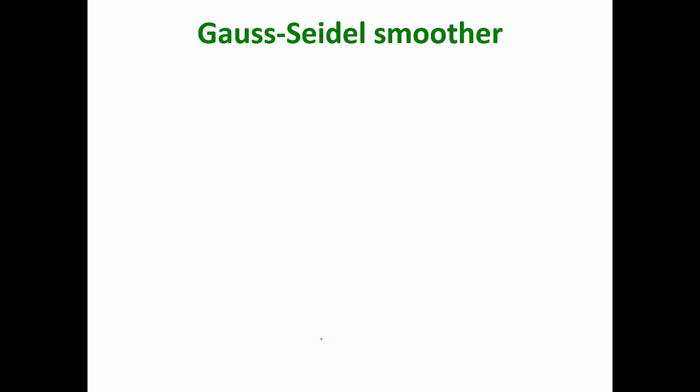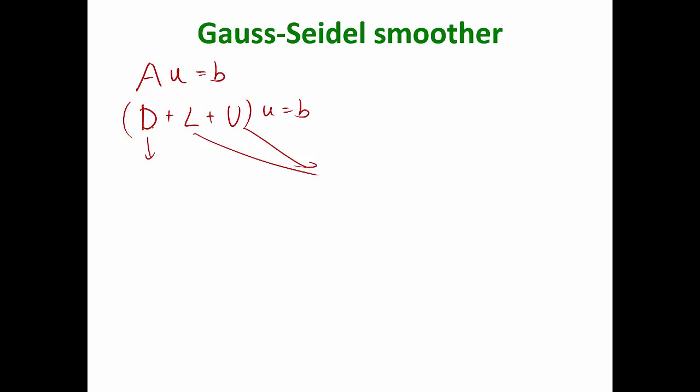If you remember, for Jacobi, we decompose a matrix when we solve AU equal to B. We decompose A into D plus L plus U times U equal to B. And we take D into the left-hand side and L and U to the right-hand side.